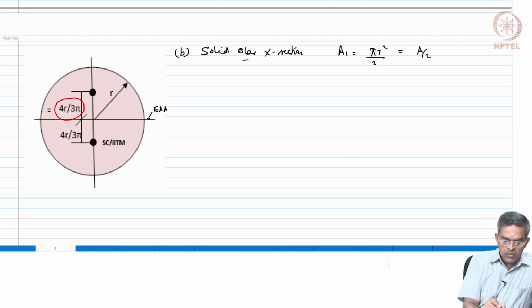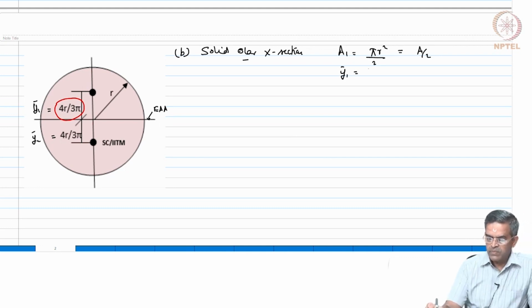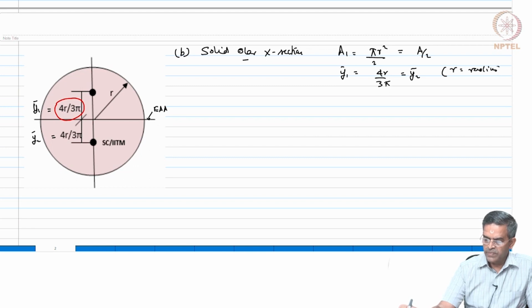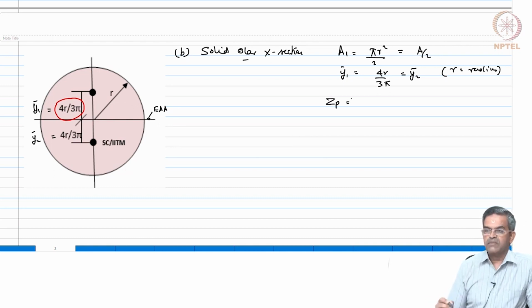If I say this is y bar 1 and this is y bar 2, we know y bar 1 is 4r by 3 pi, which is also the same as y bar 2, where r is the radius of the solid cross section. We already have an expression for Zp, the plastic section modulus, which is A by 2 times y bar 1 plus y bar 2.